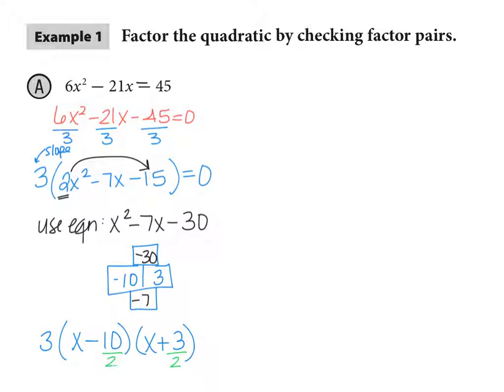I multiplied by 2, so I have to divide by 2, which is going to change my equation. Let's see what this does. 3 is still my slope, and I can do 10 divided by 2, so that's x minus 5.